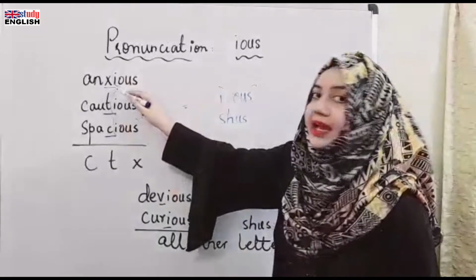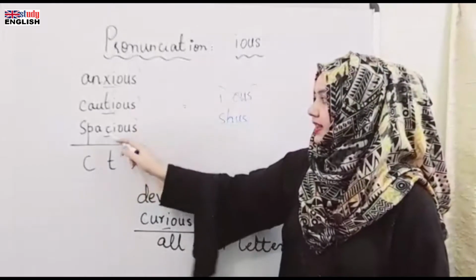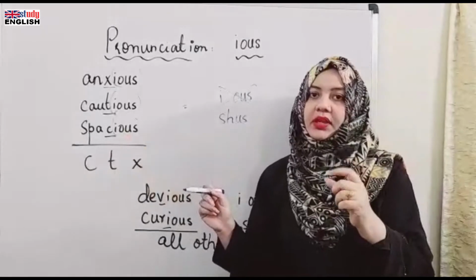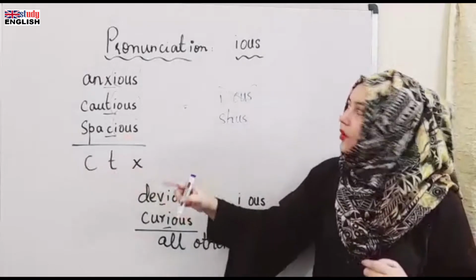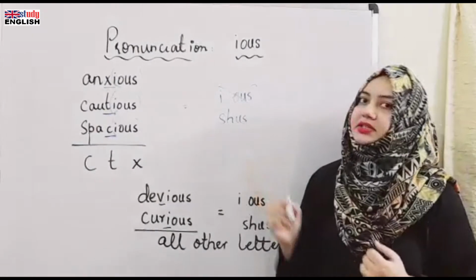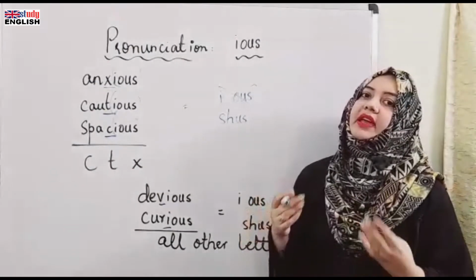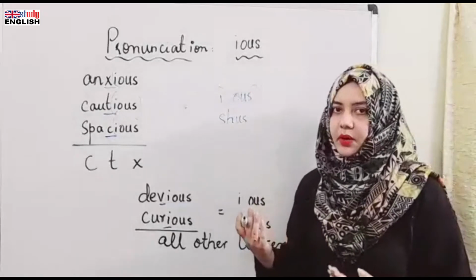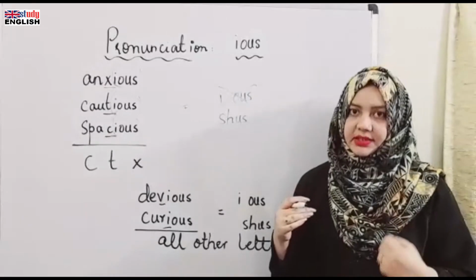The first one is X, then T, and then we have C. According to the rule, if we have C, T or X before IOUS, then we sound "shus". But if we have any other letter, any other alphabet, then we don't sound "shus", we will sound "ius". Okay, yes, fine.